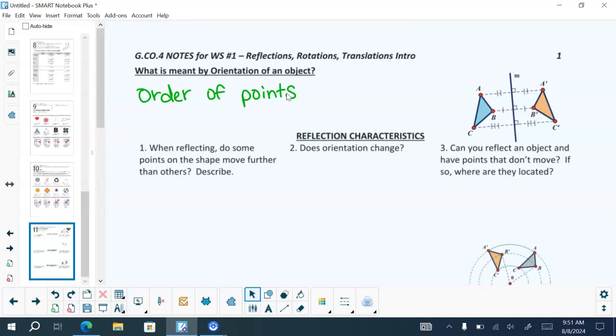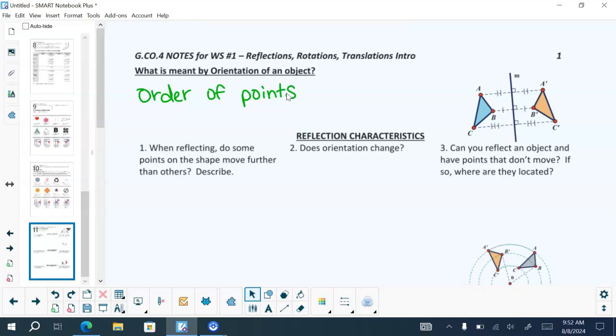Okay, we're going to do this first one together as I walk you through this, and then I'm going to give you some time to really sit and think about rotations and translations. And then, like I said, take some time, pause the video, discuss it as a class or with someone next to you, and then I'll go through and summarize everything to make sure that we've got it all solidified. So when reflecting, do some points on the shape move further than others?